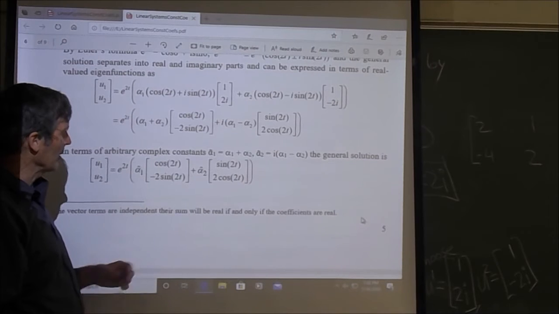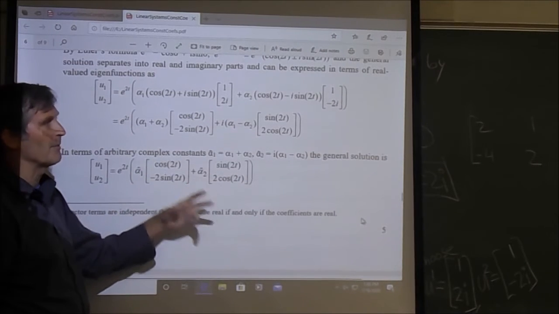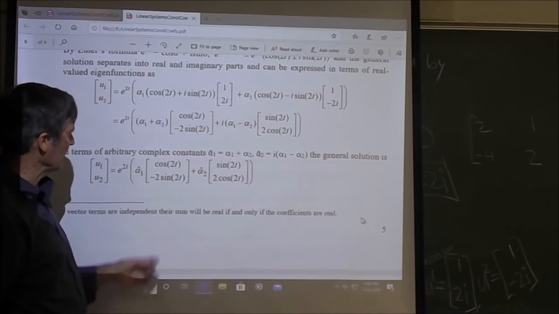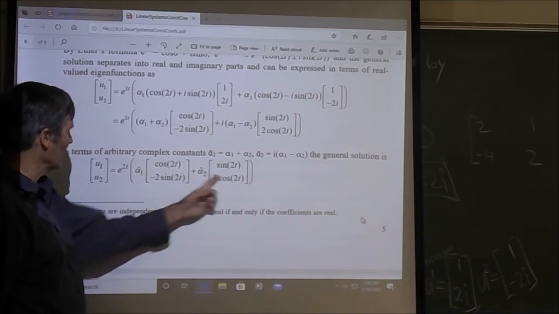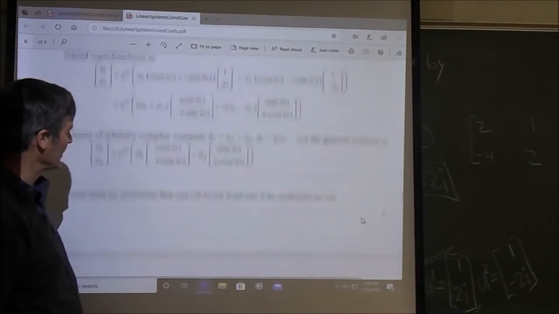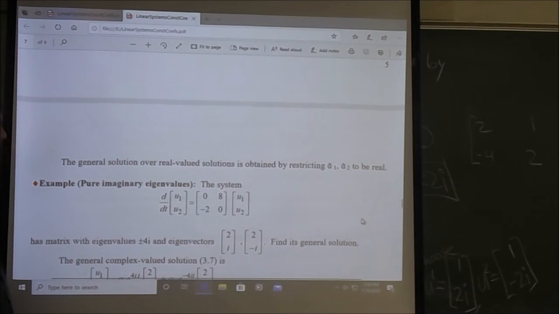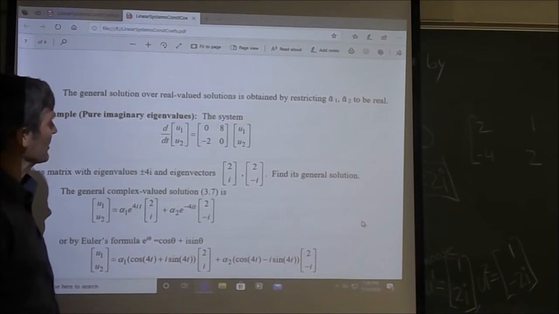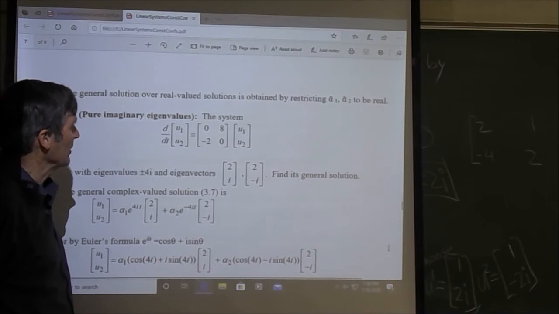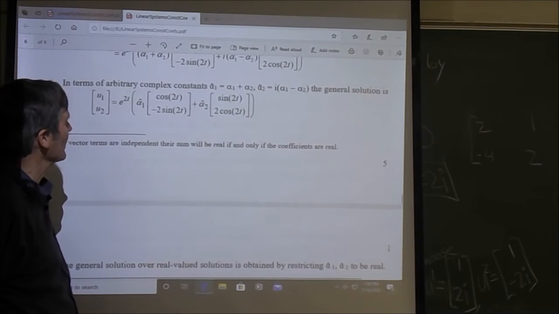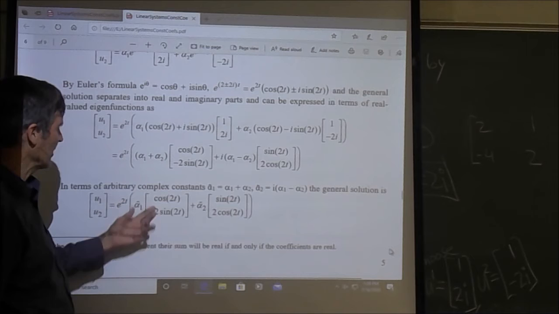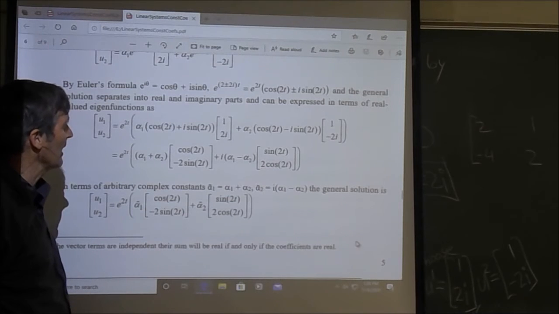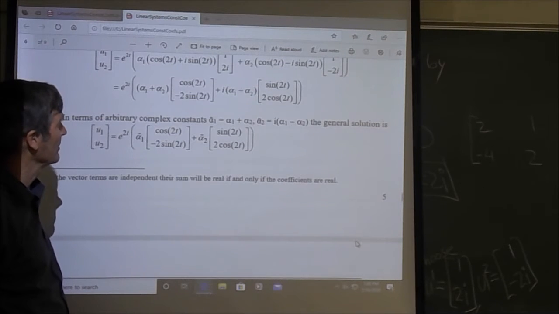So by rewriting it this way, it becomes evident what the real solutions are, just this, where alpha 1 tilde and alpha 2 tilde are any real numbers. So that's how we get the general solution to a system of 2 equations and 2 unknowns, homogeneous, constant coefficients, when the eigenvalues are complex conjugates.